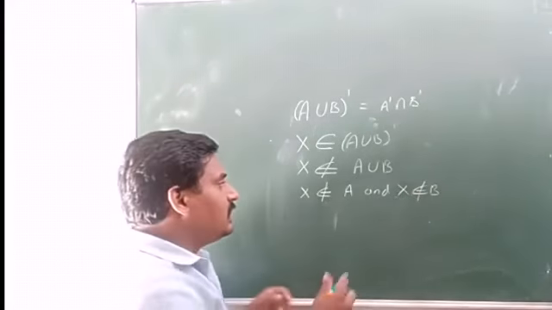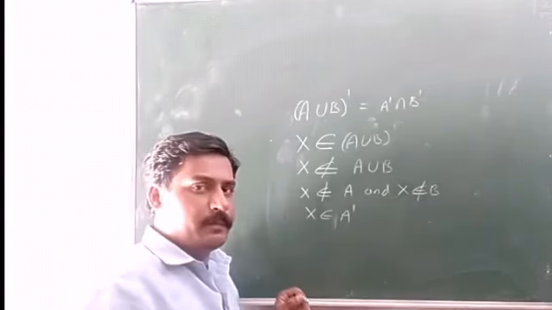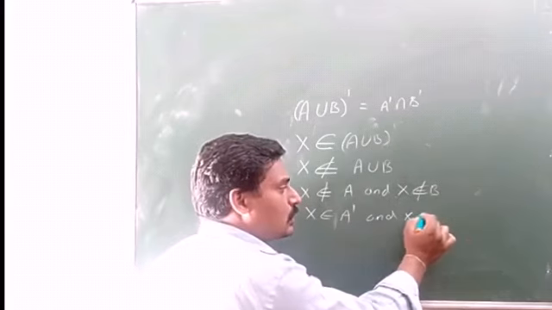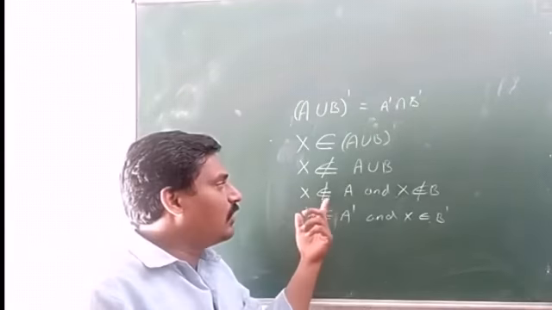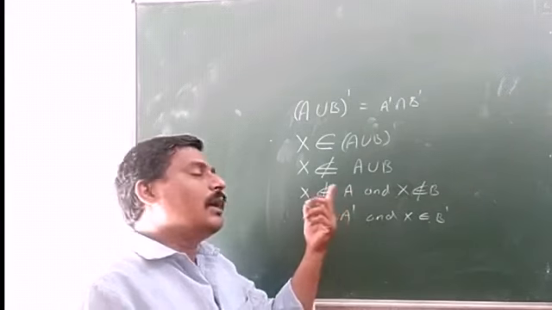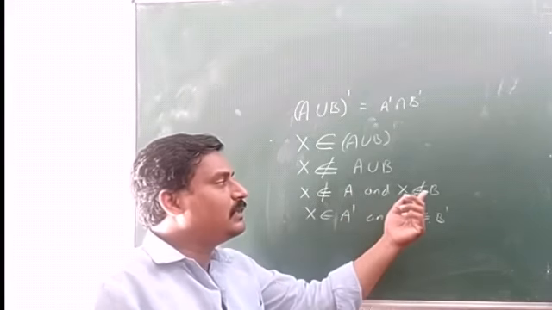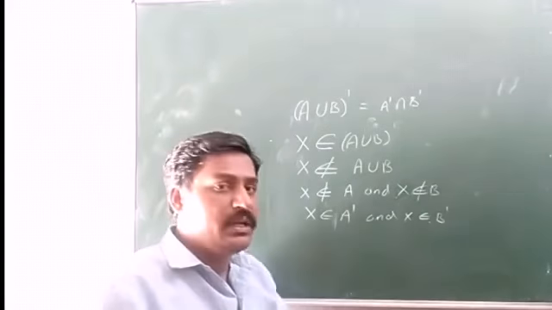Okay, that means here x belongs to A dash. At the same time, x belongs to B dash. x not belonging to A means obviously x belongs to A dash, and x not belonging to B means, of course, it belongs to B dash.